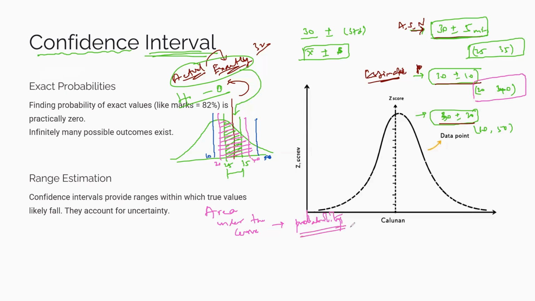The chance of the actual value falling in these ranges, which one would have more chance? Probability associated with the value falling in that specified range. Which one has more chance? Pink one.